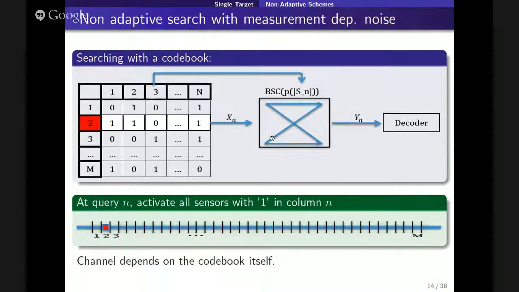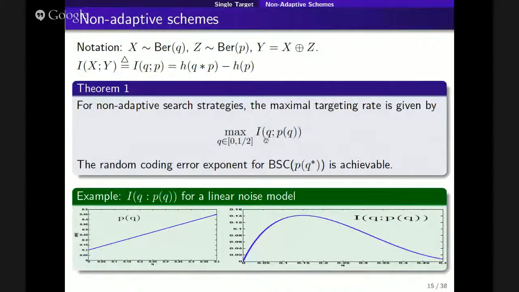If I think of this codebook as random, so the prior with which I get my zeros and ones here, if the probability of 1 is Q, then this Q will govern the size of the query region. And this is the reason for the random coding prior appearing in this expression.